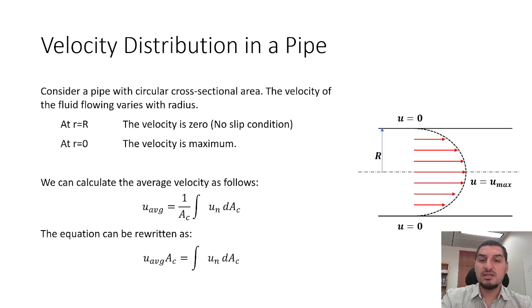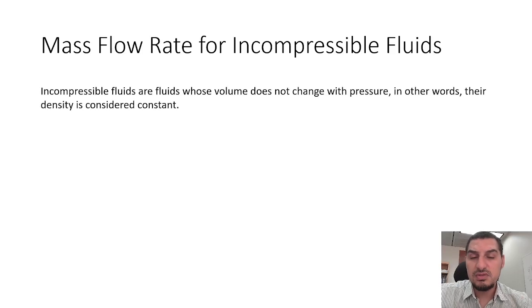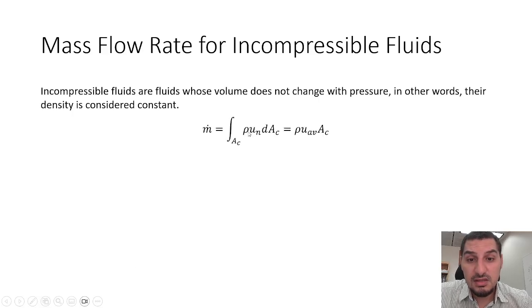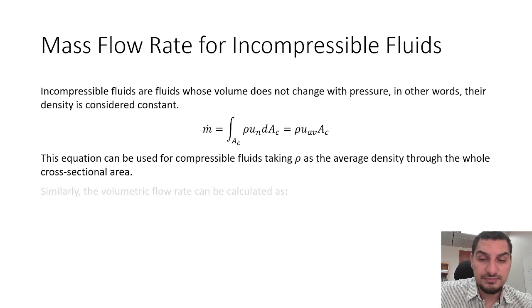For cases where the density is constant, which we call incompressible fluids, meaning that the fluid volume doesn't change with pressure, so the mass is the same, the volume is the same, and the density is the same, we can take the density out of the integral, and we will have the integral of u_n dA_c, which is u average A_c. So this is a very useful relation, because in this case we don't need to go through the integrations or do any other mathematical work. You just use the average velocity directly using an algebraic equation.